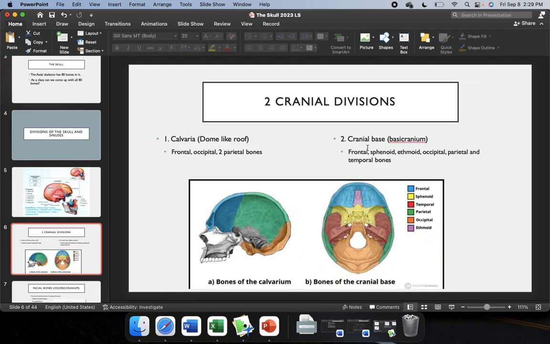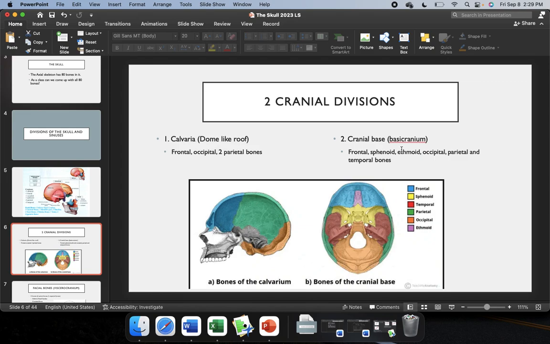So again, the cranial base is made of a portion of the frontal bone, the ethmoid bone, the sphenoid bone, a portion of the parietal bones, a portion of the occipital bones, and some of the temporal bones. The calvaria, or the roof, is only made of the frontal, the occipital, and the paired parietal bones.